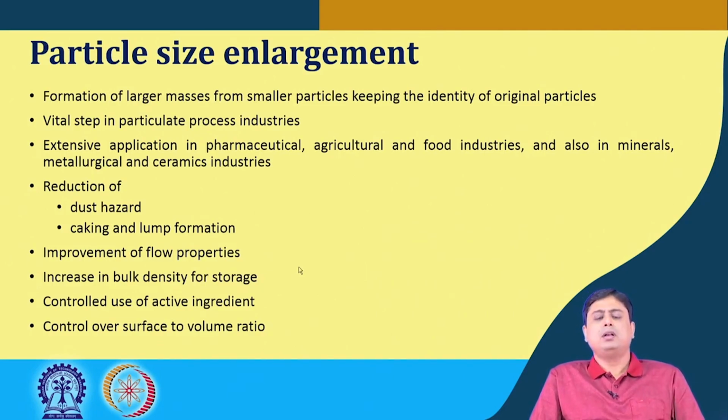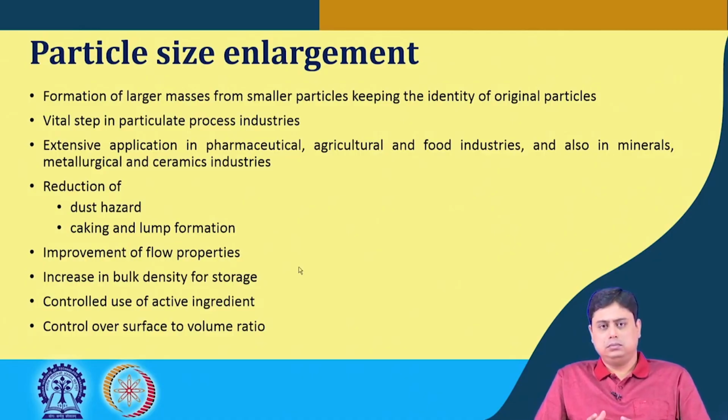So, where we already have fine particles, but we need some agglomerates. And why is that so? Because by doing so we can reduce the hazards associated with fine particles, for example the dust hazard, the safety hazard or health hazard related to fine particles, because one of the most detrimental dusts for our human respiration is asbestos.